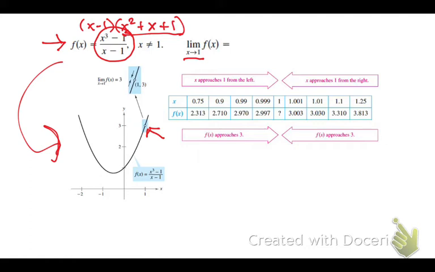When I talk approaching, I'm talking from the left and the right. So this is from the left, and this is from the right. What value, because f of x means y, correct?